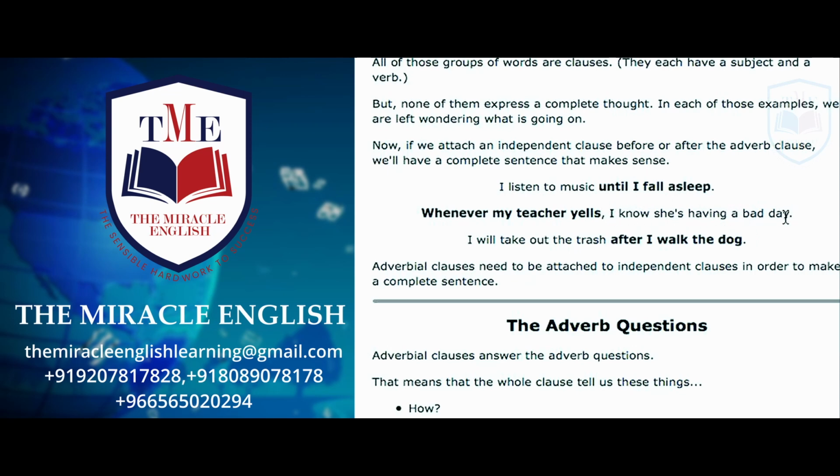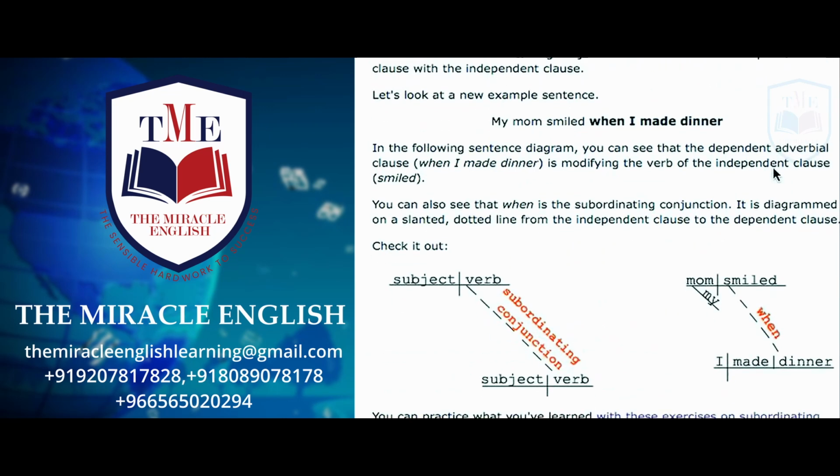This is the kind of clause, an independent clause, that a dependent clause, like an adverb clause, needs to hook up with. If we put all of this together, whenever my teacher yells, I know she's having a bad day, that also makes a complete sentence. So just remember that adverb clauses and all types of subordinate clauses need to be hooked up to or joined with independent clauses in order to express a complete idea.